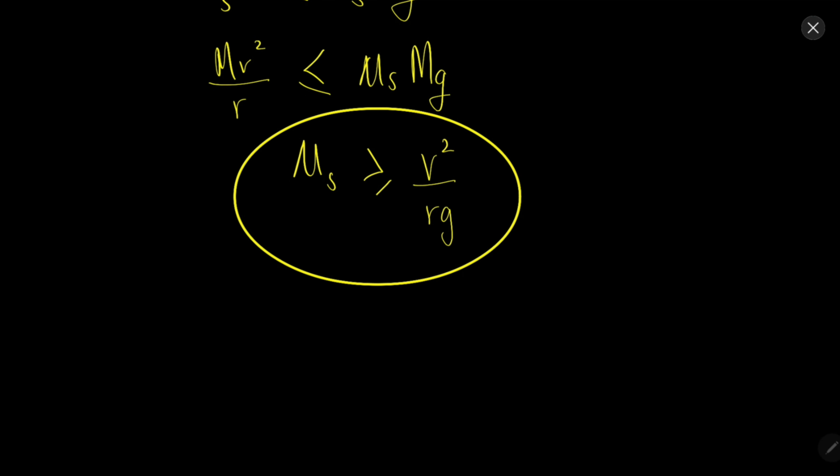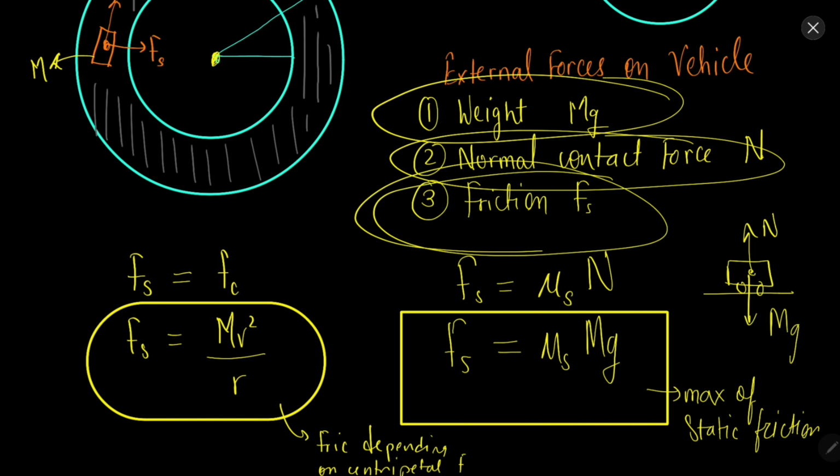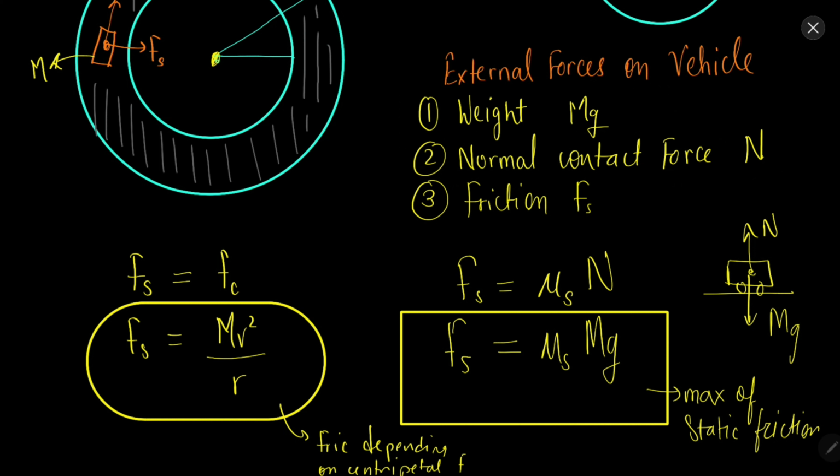Let's repeat what we have discussed. If a car is moving in a circular motion, there are three main forces acting: weight, normal force, and friction. Weight and normal force cancel each other, but the friction force helps the car not skid outside. It acts towards the center and is provided by the centripetal force.